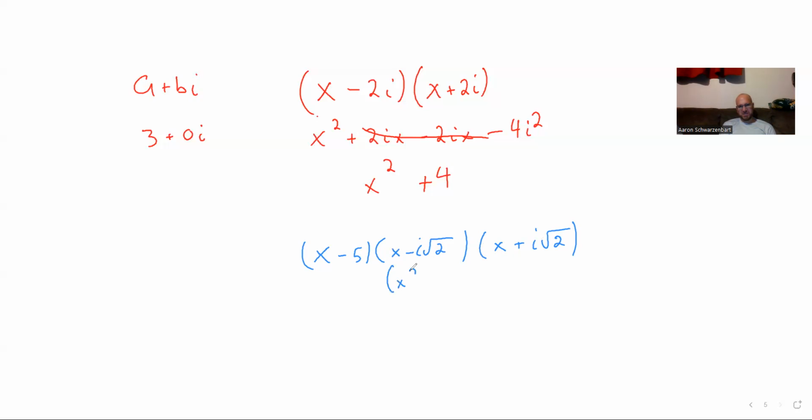So that becomes x squared minus i square root 2 x, put the x in front, plus x i square root 2, minus i squared times 2. My middle term cancels. x squared minus i squared is plus 1, times 2 is positive 2.